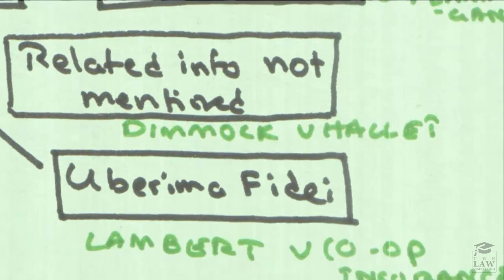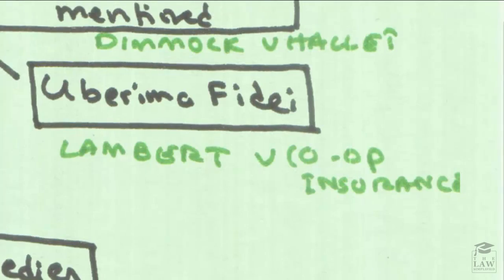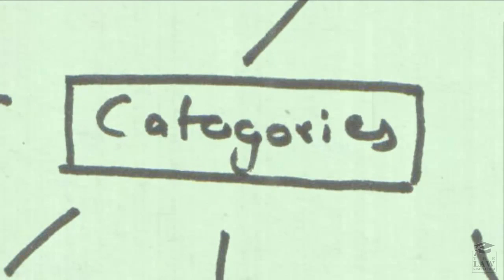The final element in relation to misrepresentation by silence would be uberrima fide, or utmost faith, as in Lambert and Co-op Insurance. At the outset of this lesson, in relation to the definition of misrepresentation, I mentioned that it can either be done knowingly or unknowingly. So what's the difference, and what remedies are available in each case?